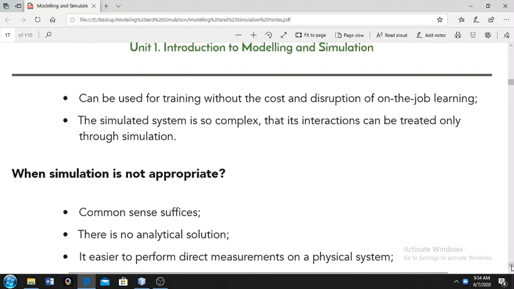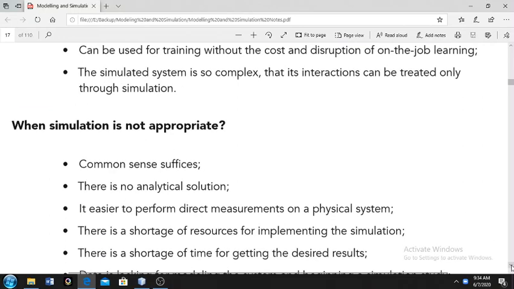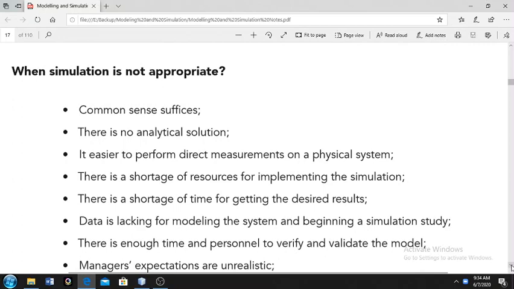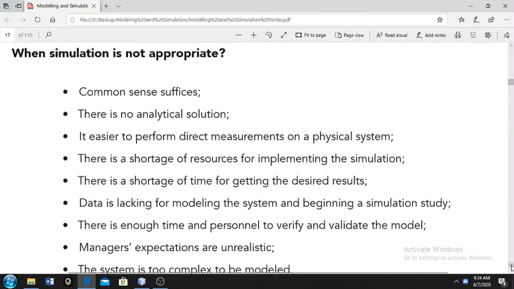That is when it's important to simulate. When is it not appropriate to simulate? When common sense suffices. Why waste our time engaging simulation engineers, building models, simulating them, when the system is obvious? Sometimes there might also be no analytical solution. When it is easier to perform direct measurement on the physical system. When there's a shortage of resources for implementing the solution.